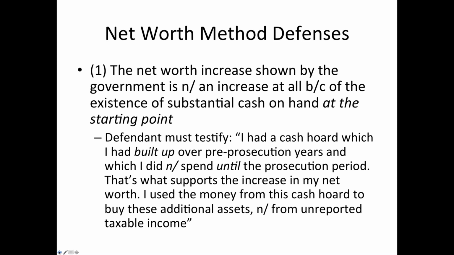And that basically accounts for the increase in the net worth, and the fact that the money was used from this cash hoard to buy additional assets during the prosecution period is further proof that it was money that had been built up and accumulated during the pre-prosecution years, and it was not from any underreported or unreported gross income during the prosecution years.